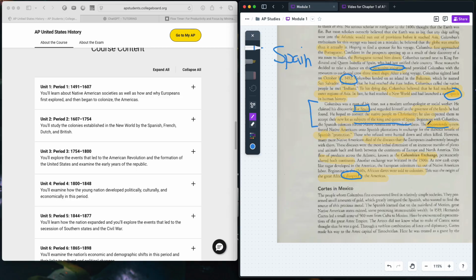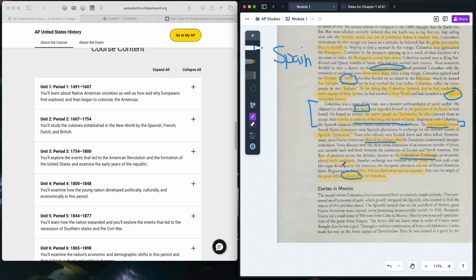Okay, so here we have the encomienda system that was forced onto the Native Americans, and that was a really brutal system, it seems. And then we have died of diseases. We have the Columbian Exchange, so we have that idea again.